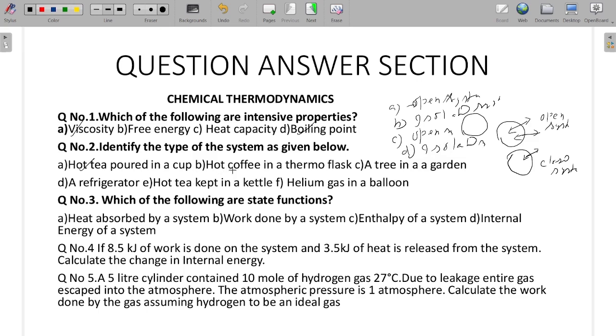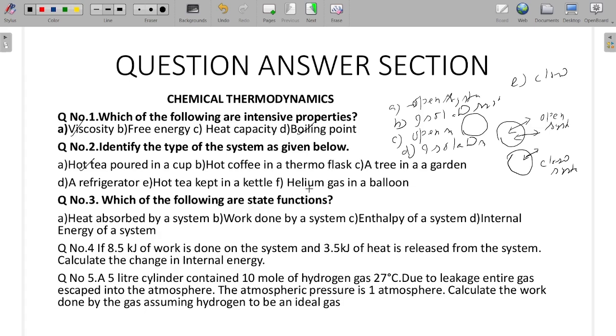And E, your hot tea kept in the kettle, is a closed system. Here only energy is transferred between system and surrounding, no matter.